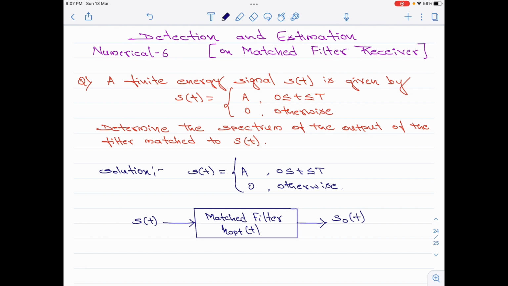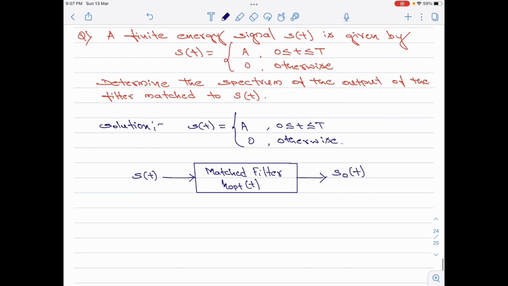Right, this is the diagram for the matched filter where H optimum of t is the impulse response of the matched filter, S of t is the input to the matched filter and S naught of t is the output of the matched filter. As per the diagram shown here, the output of the matched filter can be written as S naught of t equals S of t convolved with H optimum of t.